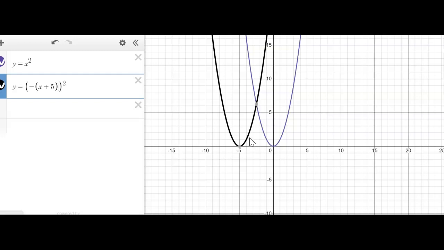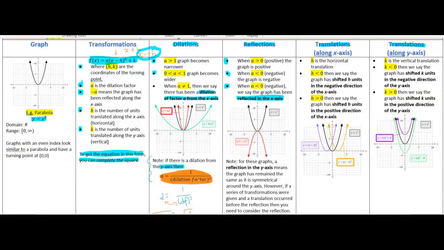So it's been reflected. See how I just changed that up, so I took that negative sign out. We could say it was reflected and then shifted to the left 5, and you end up at the same spot.